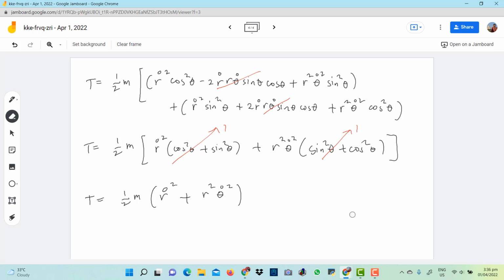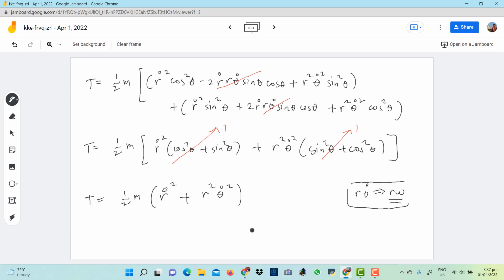If you remember, this r theta dot is just r omega, and omega is the angular velocity of the particle. The second term, r theta dot quantity squared, is the rotational kinetic energy part of your system.